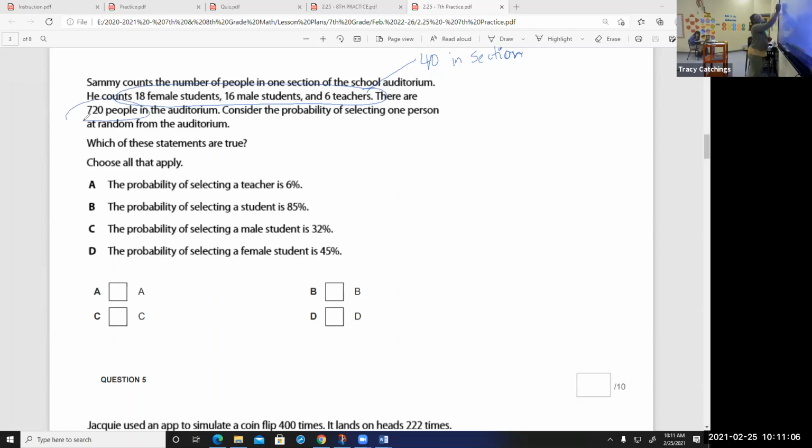And then overall, how many total people in the auditorium? 720. All right, it's a choose-all question, so that means we need to try them all out. The first one said selecting a teacher. So right now we know we've got 6 out of 40.